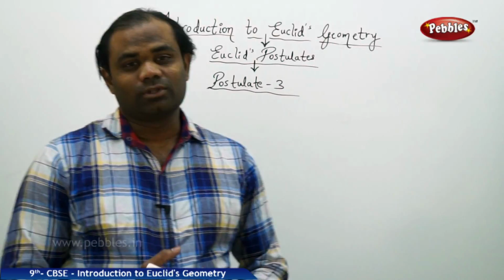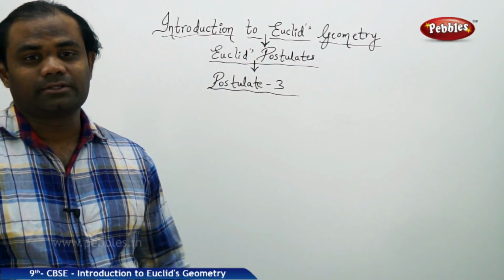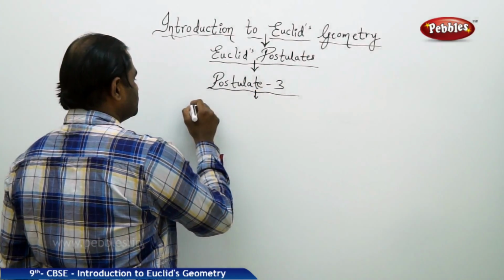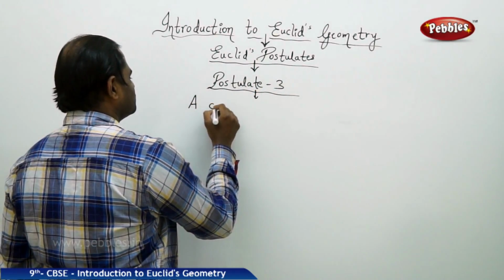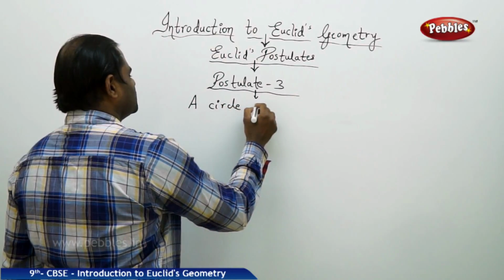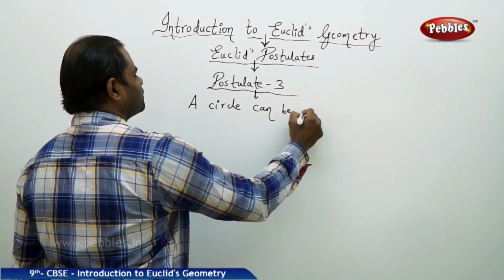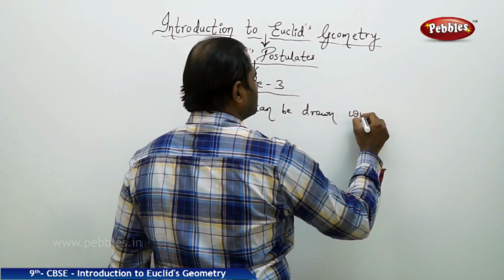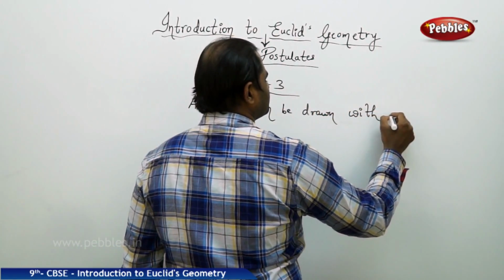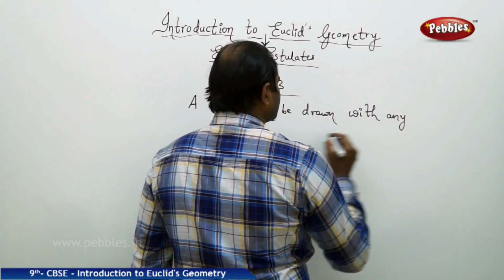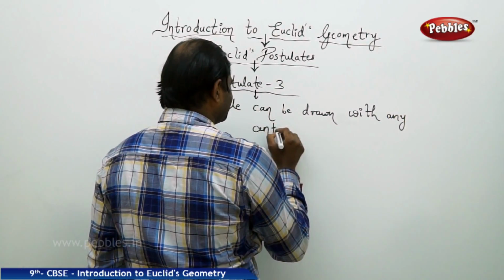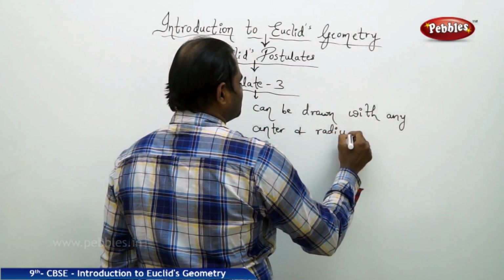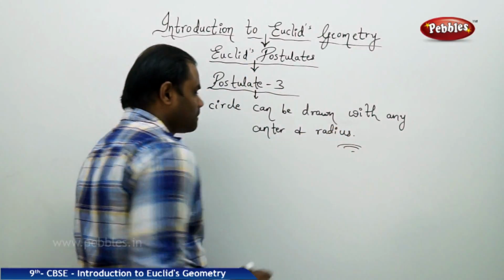So let's see what postulate number 3 states. A circle can be drawn with any center and radius.